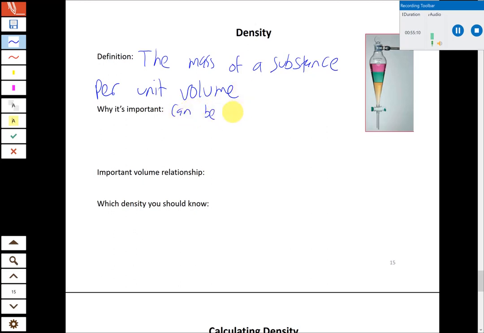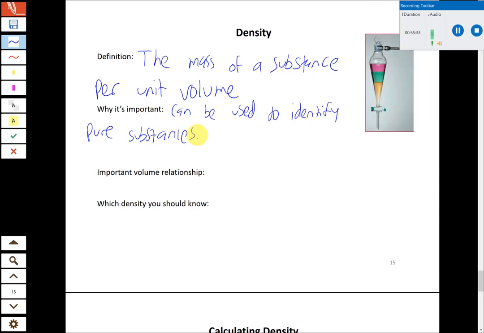Now, it's not necessarily sufficient to just use density to identify a substance, but it's a quick way to help you identify whether a substance is correct or not. So in real life, this is actually used a lot in determining whether someone's trying to sell you fake gold. So pure gold has a very characteristic density value.